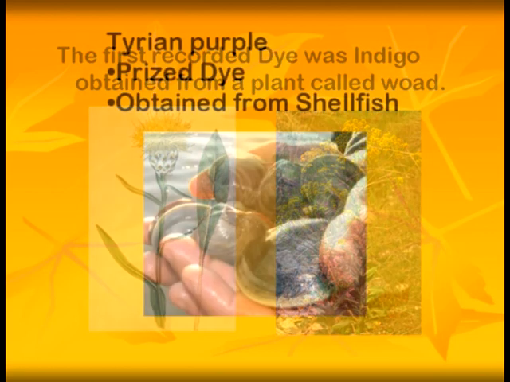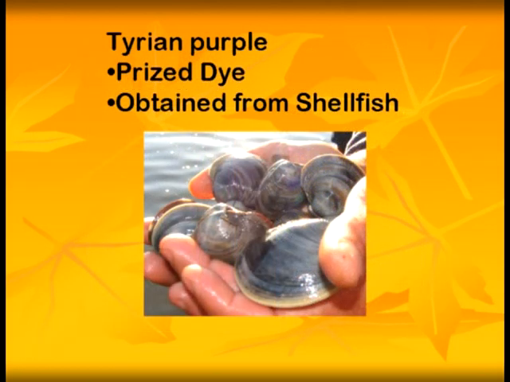The most famous and highly prized color down the ages was Tyrian purple, a dye obtained from certain shellfish. Its use persisted through the Middle Ages, and because of the high cost of collection, it was a mark of nobility.